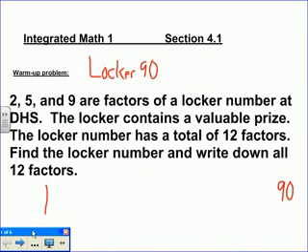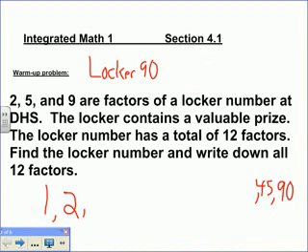Let's list these off. Emily, can you give me the next pair? We had 1 and 90. Then 2 and 45. Hold on, don't give it yet. 2 and 45.